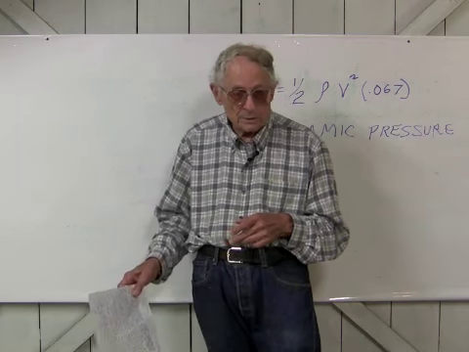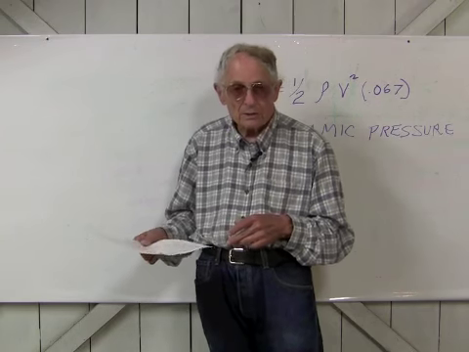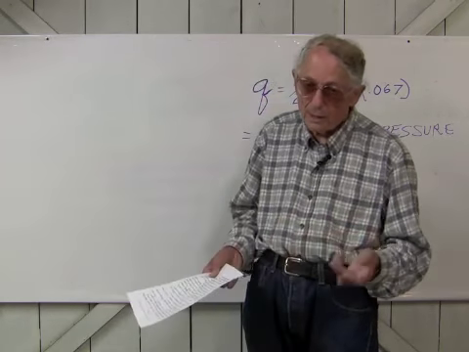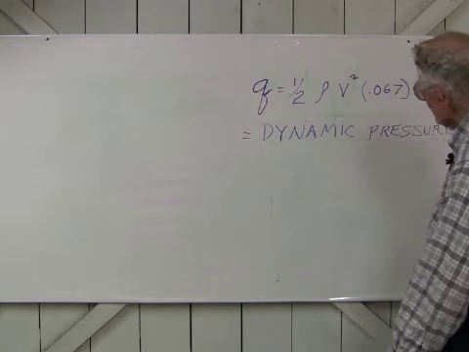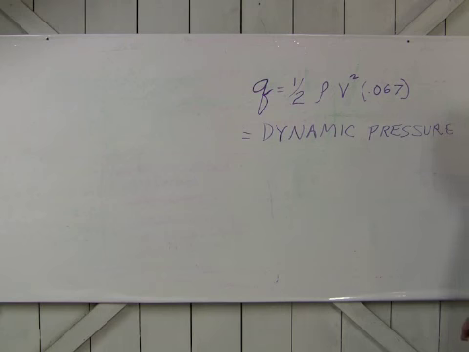And we do this every class. We require this to be done before the fun part takes place. And like I have the equation behind me here for dynamic pressure. Q is 1/2 rho v squared times our constant 0.067 for dynamic pressure. And I really like all the students to memorize that.